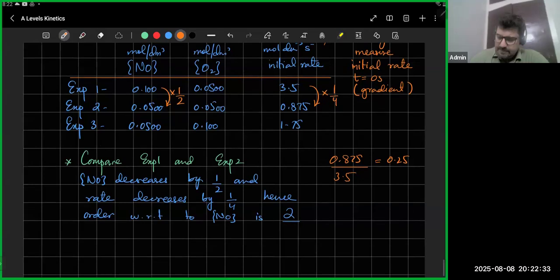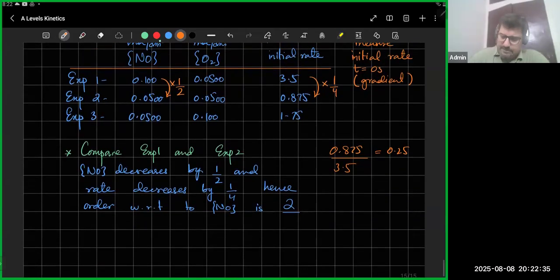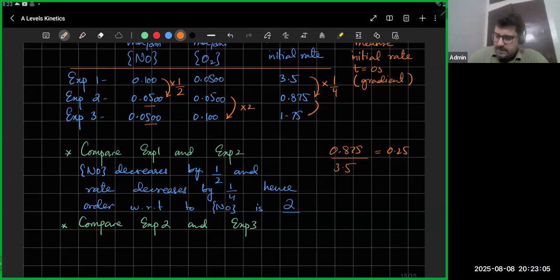Both of them are being doubled, right? So if you compare experiments 2 and 3, you will write the answer this way, because he will ask what's going to happen. So if you compare experiments 2 and 3, what is now happening is that this is doubling, and this is also doubling.